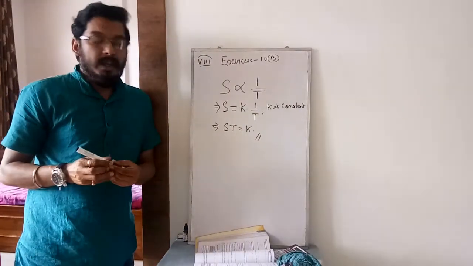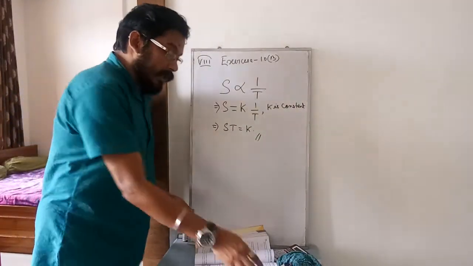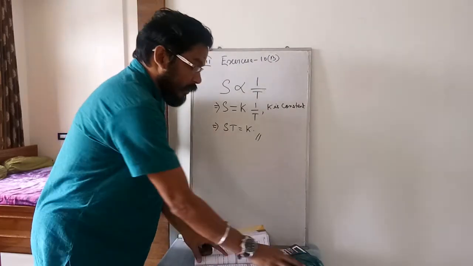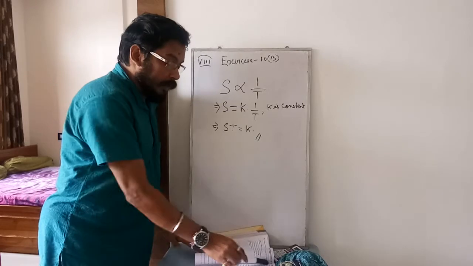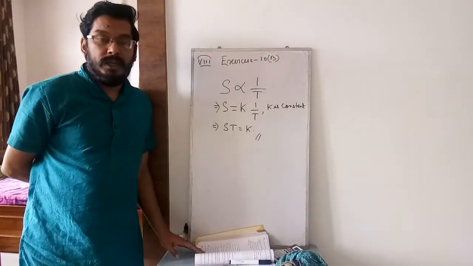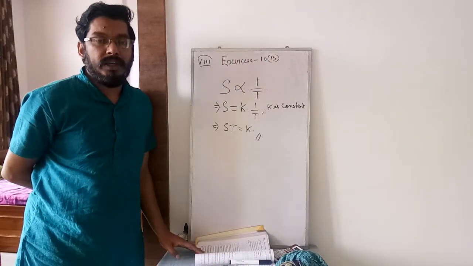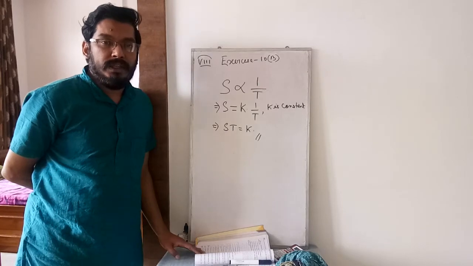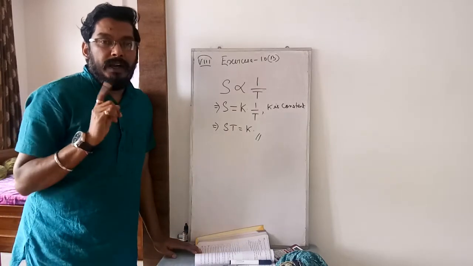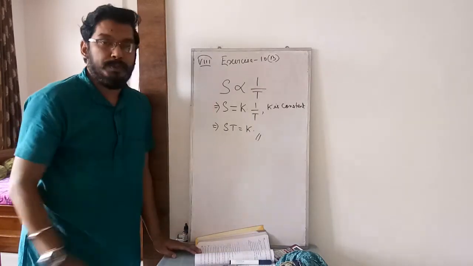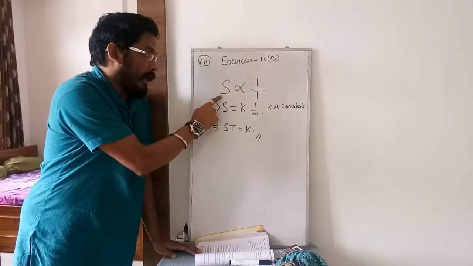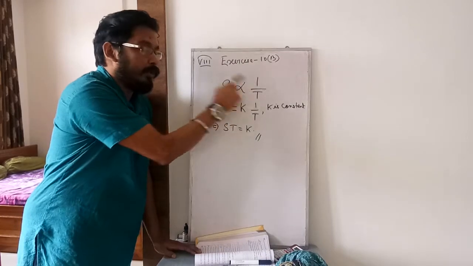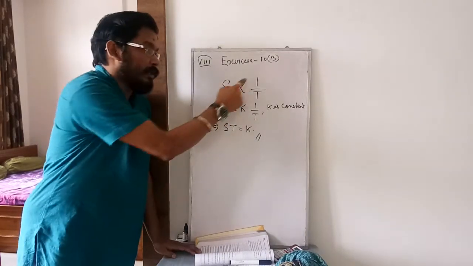I repeat again. In inverse variation, an increase in one quantity will decrease the other. Example, the relation between speed and time. If you increase the speed, time will be less. If you decrease the speed, time will be more. If s is speed and t is time, s is inversely proportional to t, that is 1 by t.